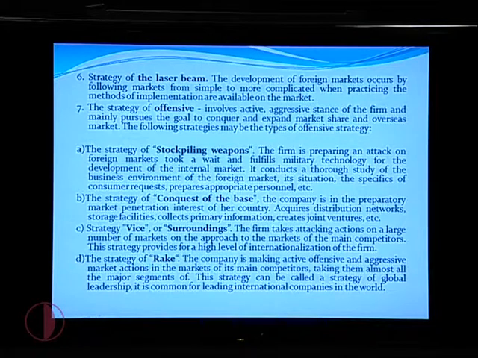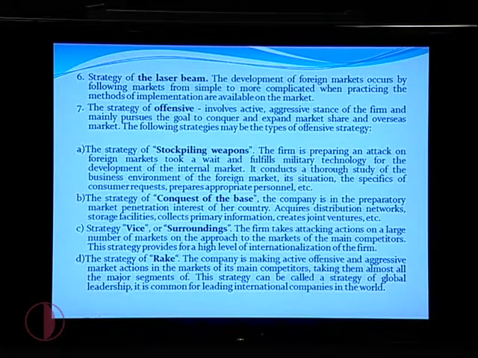A is the strategy of stockpiling weapons. The firm is preparing an attack on foreign markets, cultivating and fulfilling military technology for the development of the internal market. It conducts a thorough study of the business environment of the foreign market, its situation, the specifics of consumer requests, prepares appropriate personnel, etc. B is the strategy of conquest of the base.